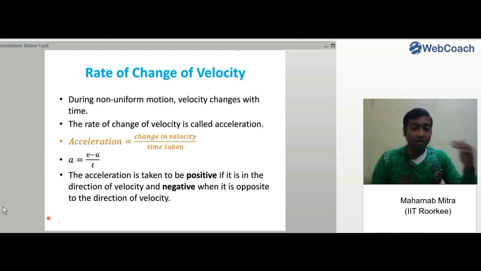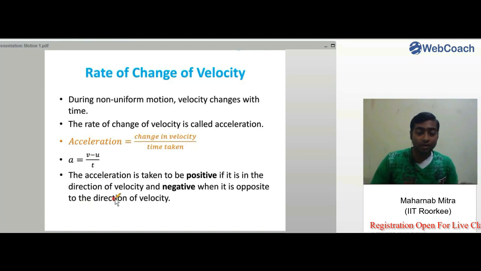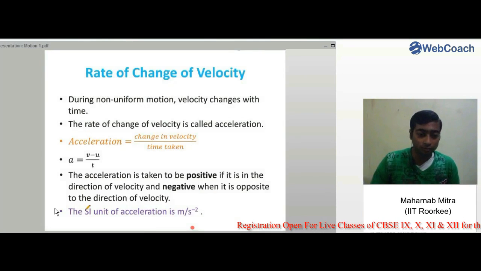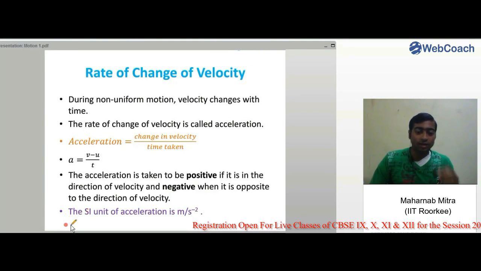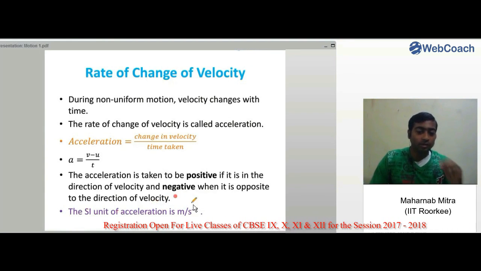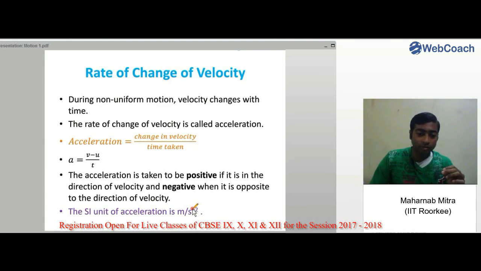So if my final velocity is less than the initial velocity, I will always get a negative acceleration, right? So a positive acceleration means speeding up, negative acceleration means slowing down. And the SI unit of acceleration is meters per second square.